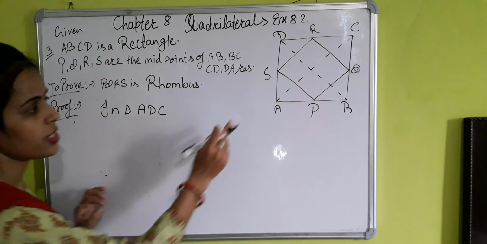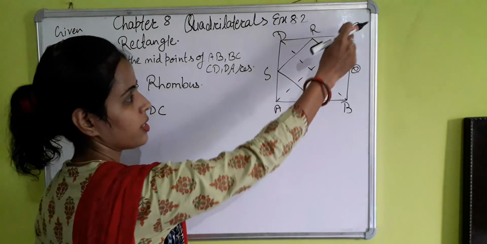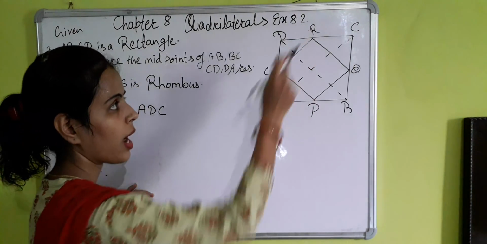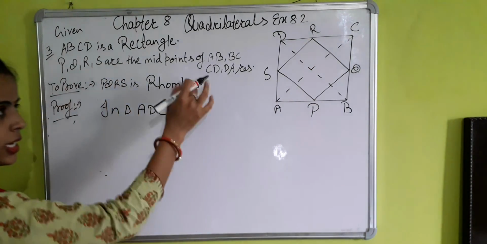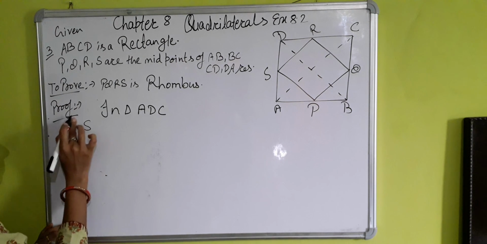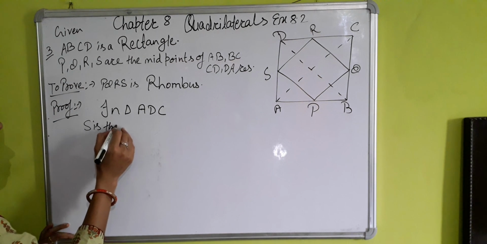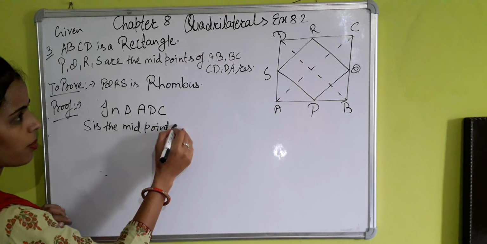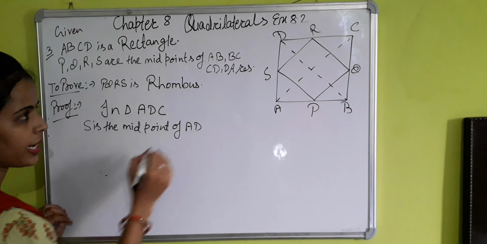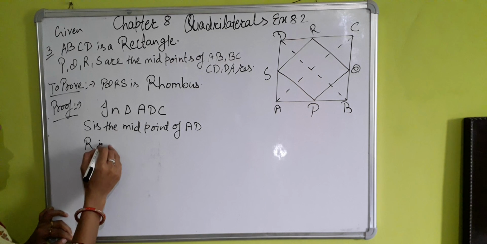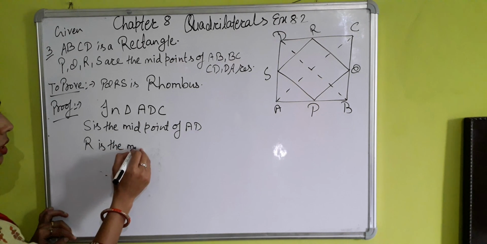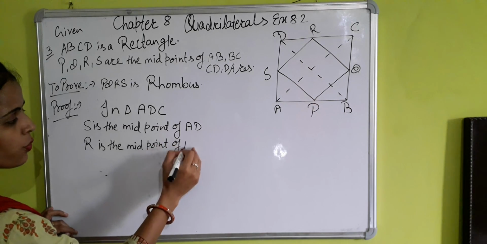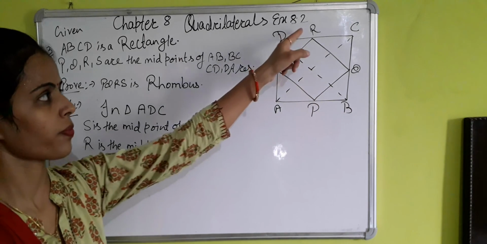In triangle ADC, S is the midpoint of AD, R is the midpoint of DC, as given.